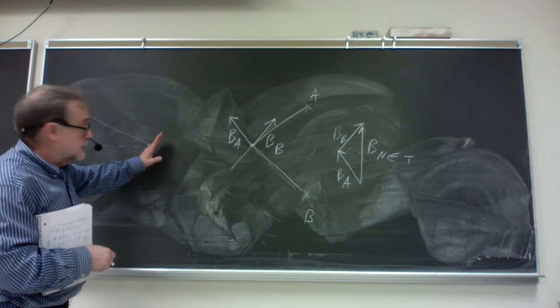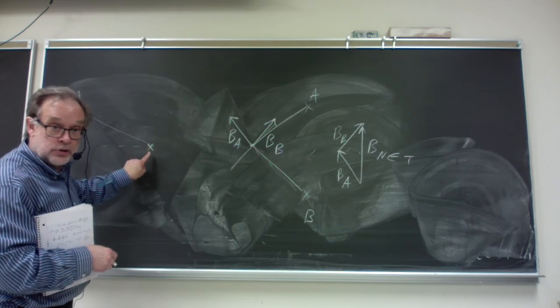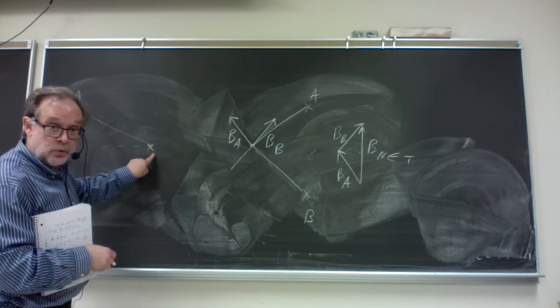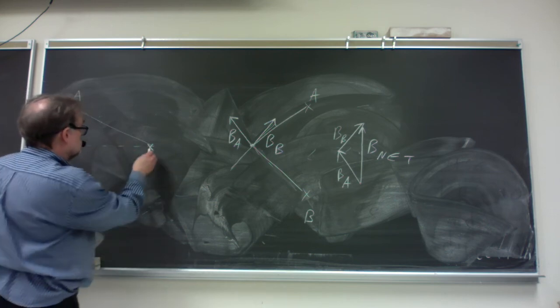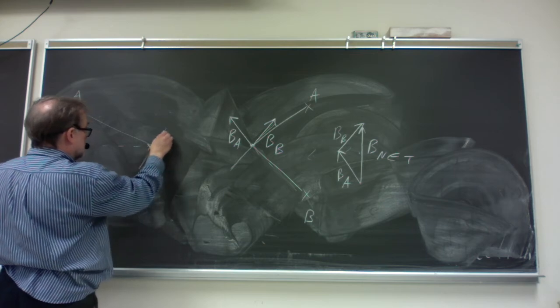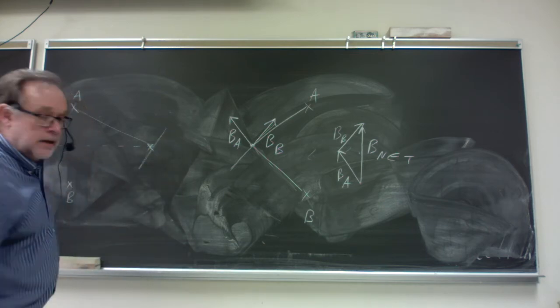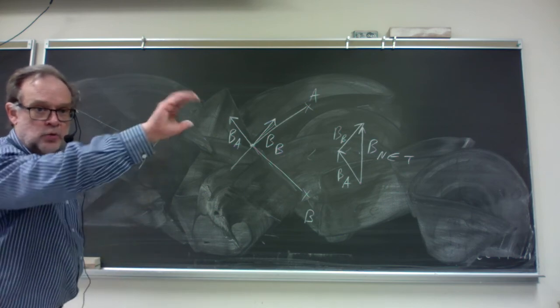So the straight line that is tangent to that circle at this point has to be perpendicular to this radius. So it's pointing in this direction or this direction.